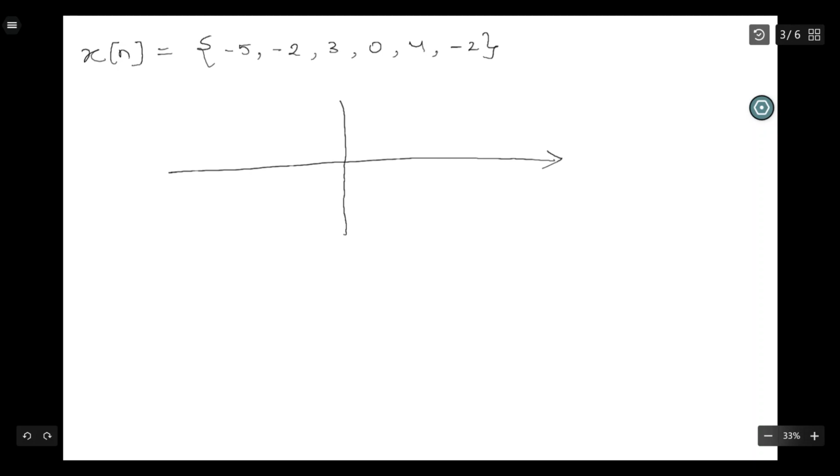So, if we are given a signal x of n, which is given as -5, -2, 3, 0, 4, -2, we will sketch this signal as this is a discrete time signal.